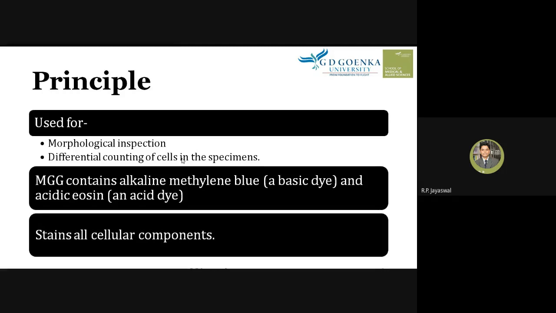That this MGG stain usually colors the different cellular components. If you want to see the different parts of the cells, like nucleus, cytoplasm, the different compartments of the cell will be colored differently by using this MGG stain.